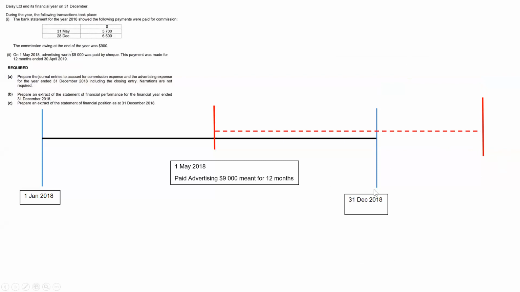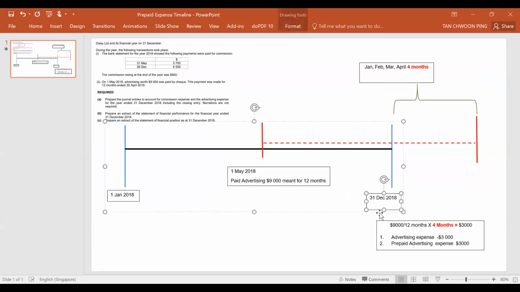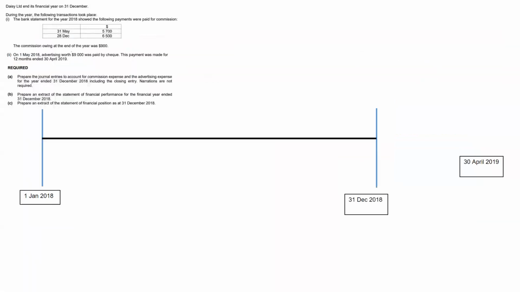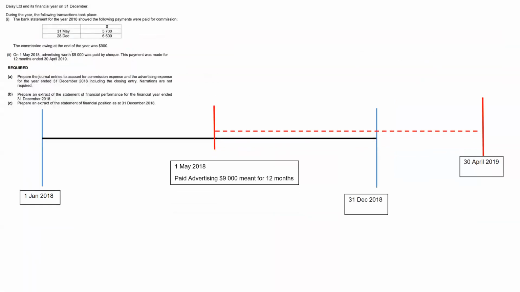Maybe I just put down the date for you over here, then you can have a clearer picture of what's going on. So 30th April 2019. Okay. So I was saying here, when we make the payment on 1st of May 2018, this $9,000 actually is meant from 1st of May all the way to 30th April 2019.